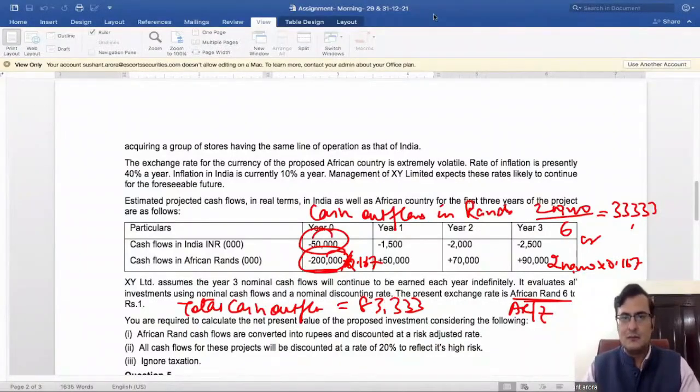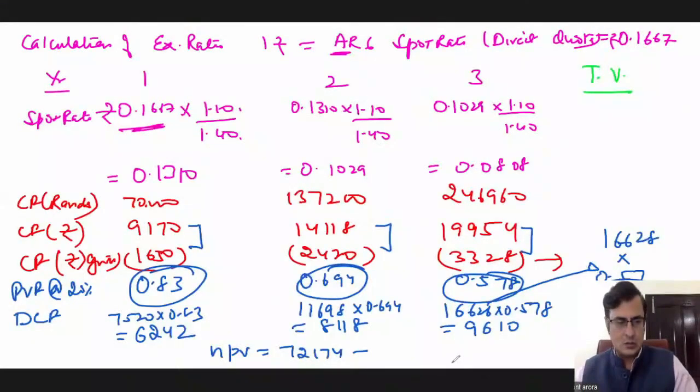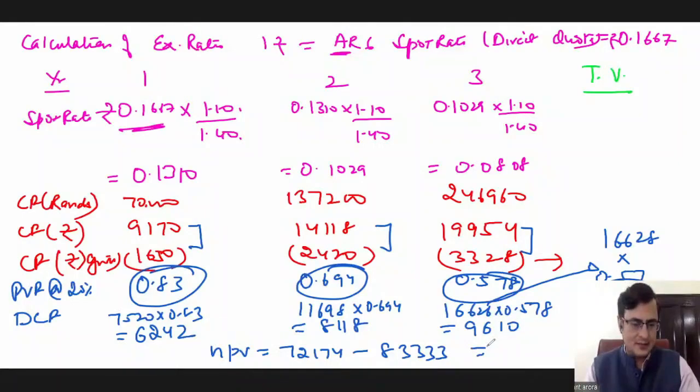So minus this, the outflow is 83333, so it is coming out to be minus 72,174. Oh, it's a negative one.